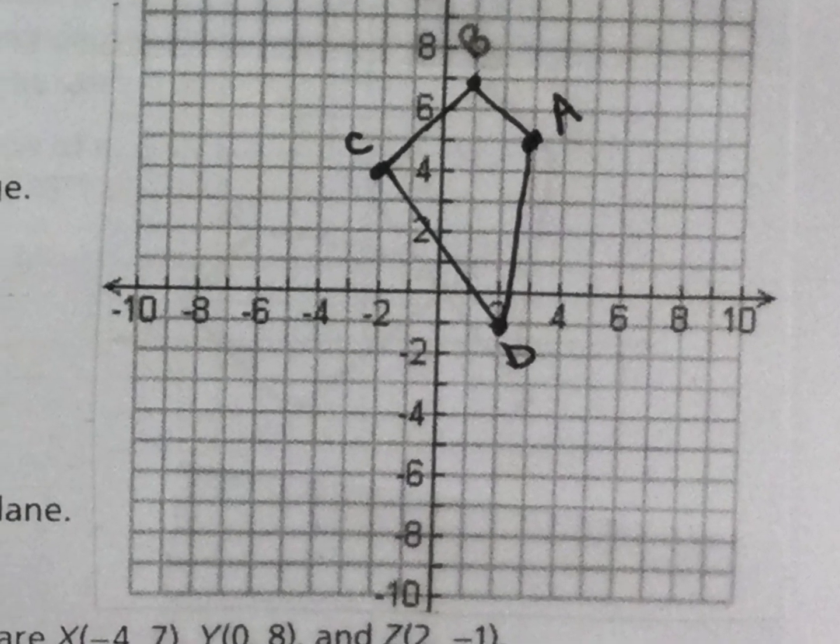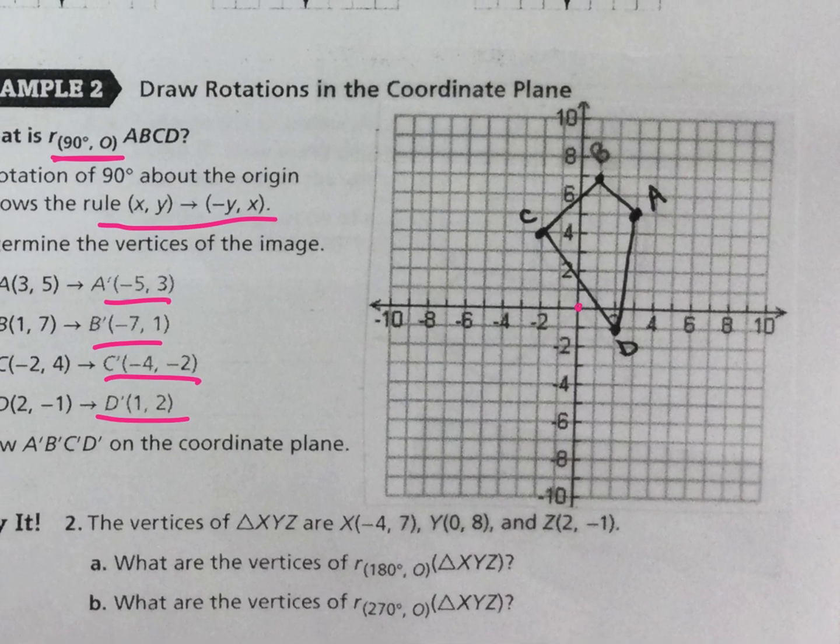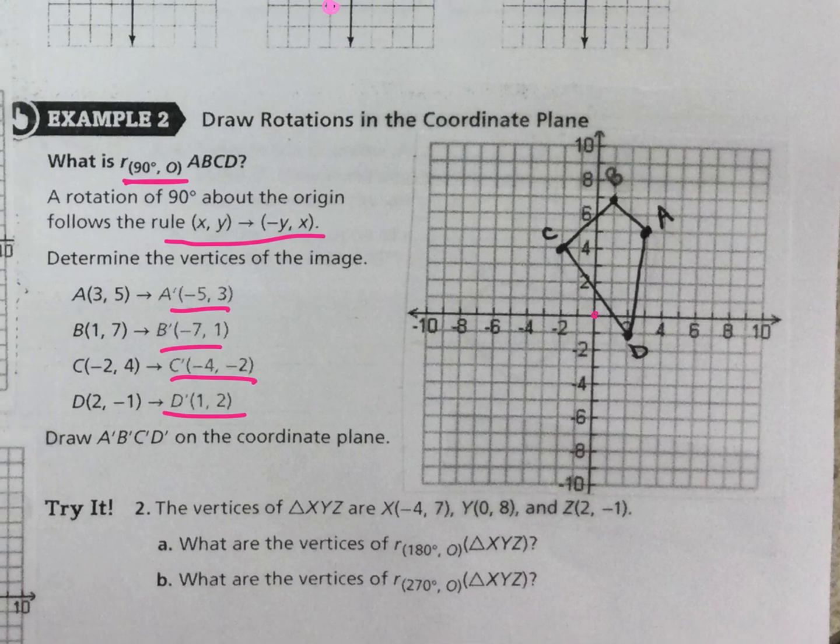So let's look at D. I'm at the origin, okay? And first off, let's think about 90 degrees is how many quadrants? It'd be 1. So C is going to end up this way. If D is here, it will move 1 quadrant. A and B would move 1 quadrant that way. Okay, so everybody moved 1 quadrant from where they were.